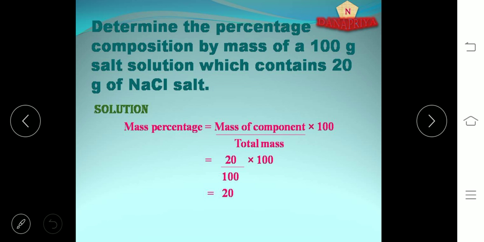To find mass percentage, the formula is mass by total mass into 100. Here the mass is NaCl. So mass of NaCl is 20 gram divided by total mass, that is the salt solution they have given, that is 100, into 100. By calculating we get 20. So the mass percentage is 20.